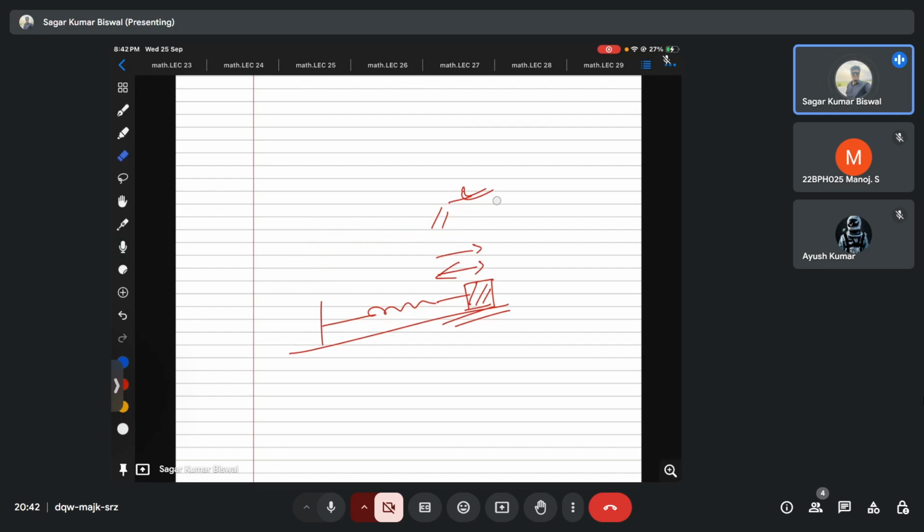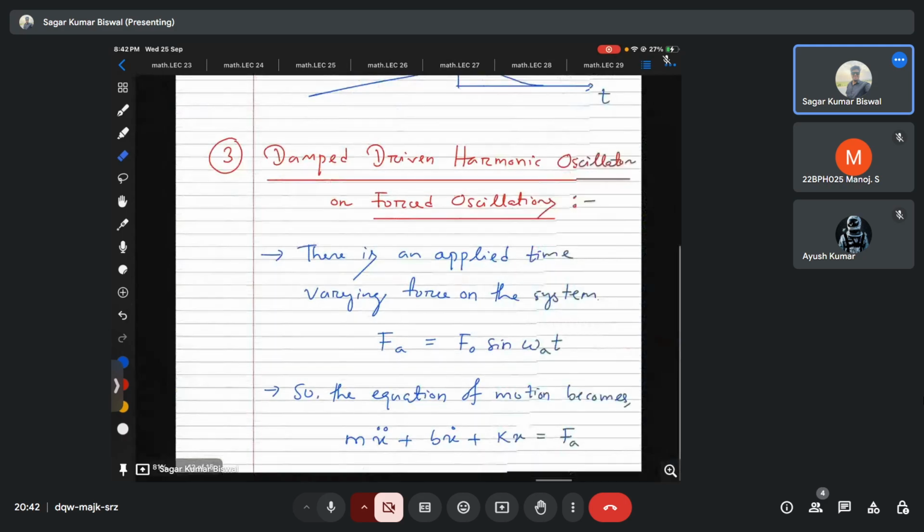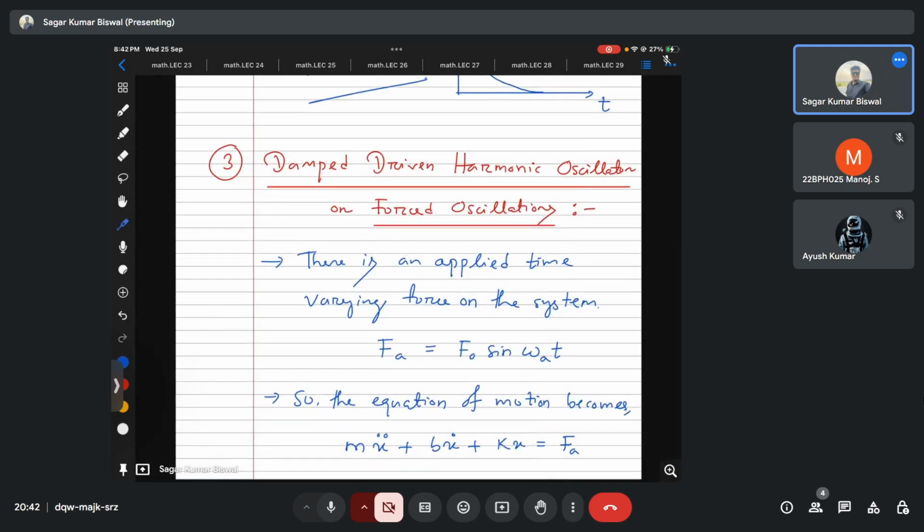In the case of forced oscillations, let's see. There is an applied time varying force on the system. You are applying it, so the equation of motion will now become this one. This was the original equation of motion from the previous case of the damped harmonic oscillator. But here the right side is not zero.